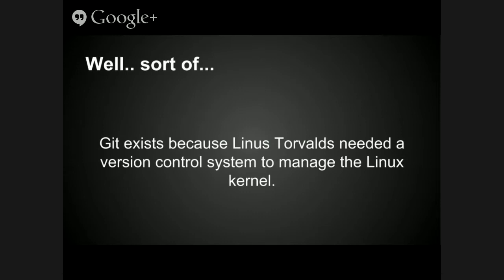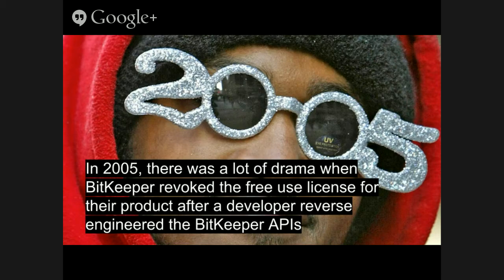In about 2005, there was a lot of drama because from 2001 to 2005, Linus used a piece of software called BitKeeper to source control Linux and the core Linux kernel.